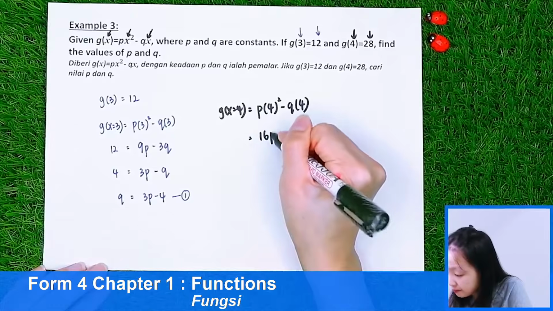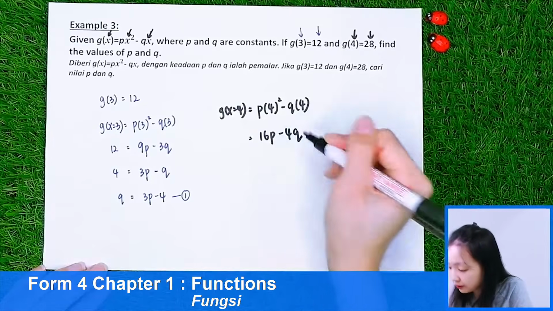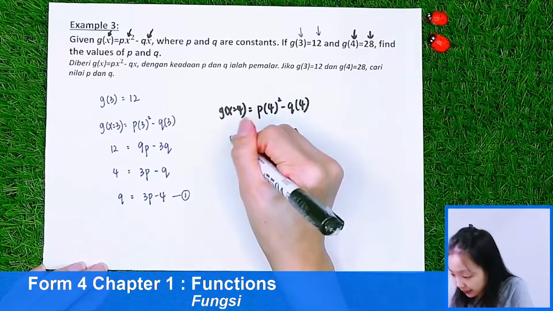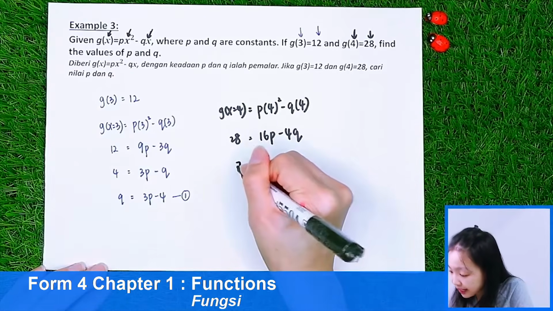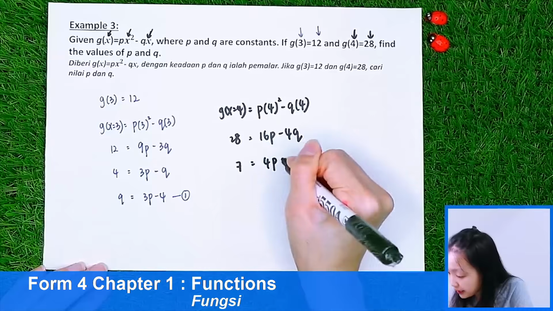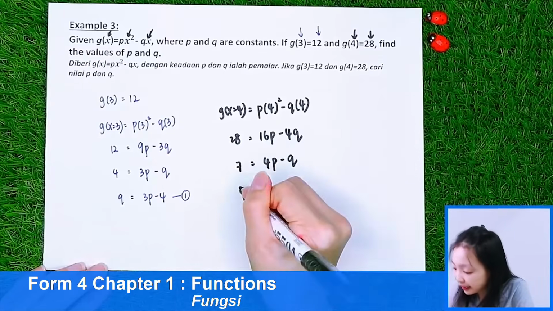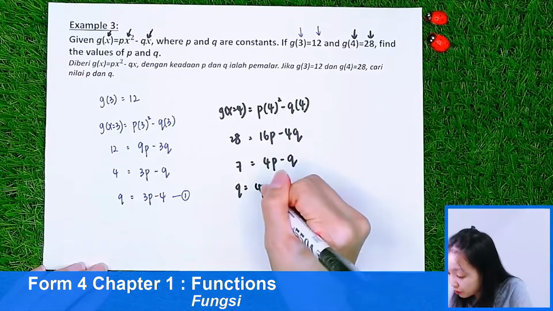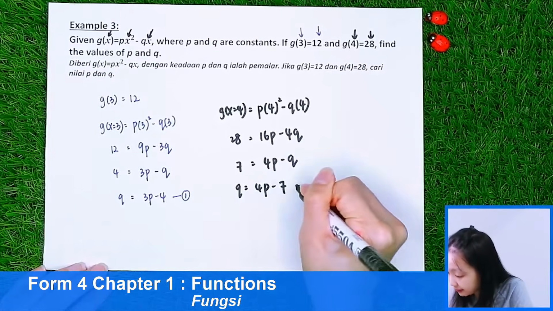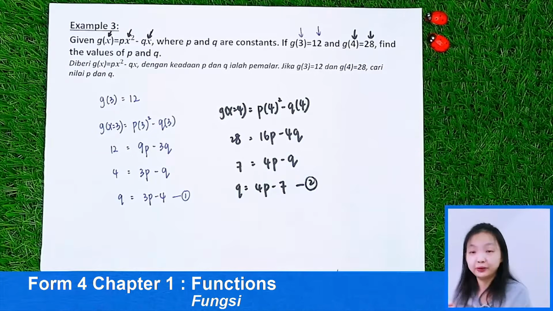So 16p - 4q = 28. Now I will simplify it to become 7 = 4p - q. And another way, I make it become q = 4p - 7. This is my second equation.